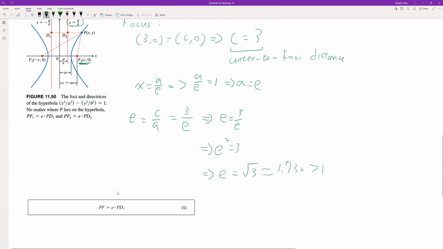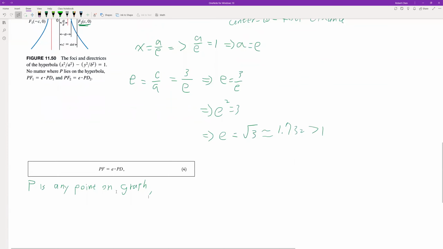Okay, so let's look at PF first, right? So P is any point on the graph, right? And F is the focus. In this case, our focus is 3, 0, right?